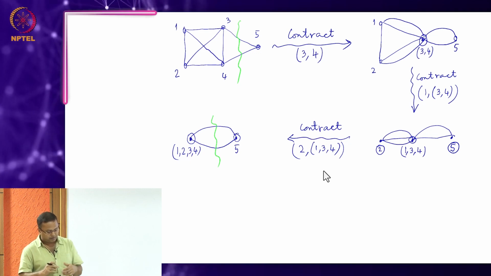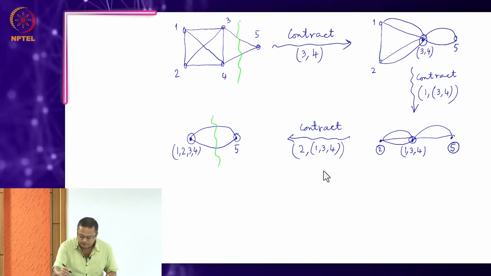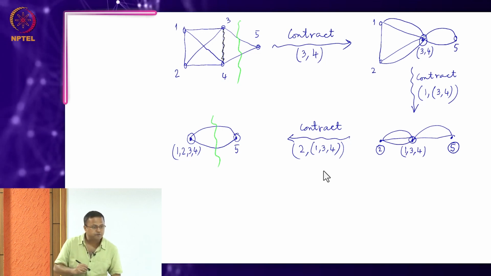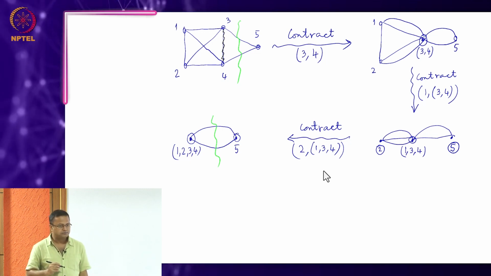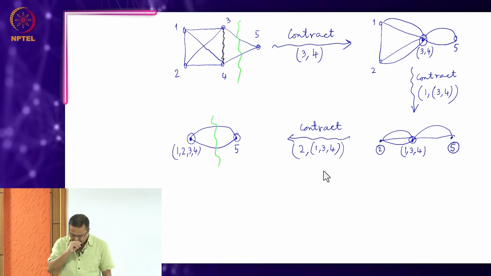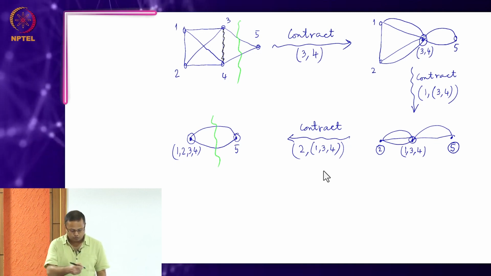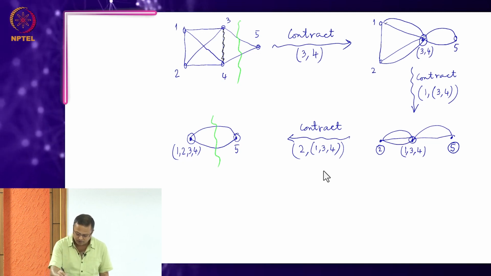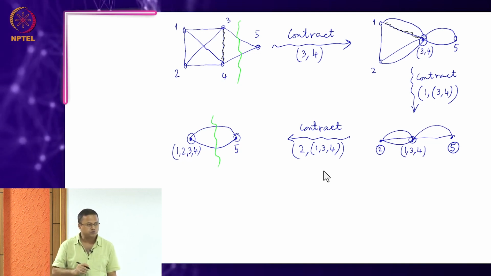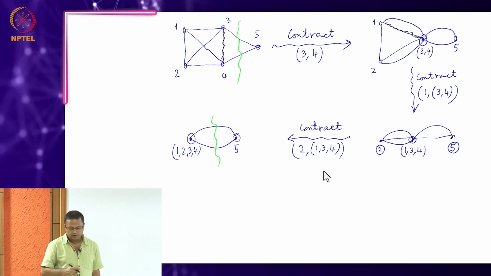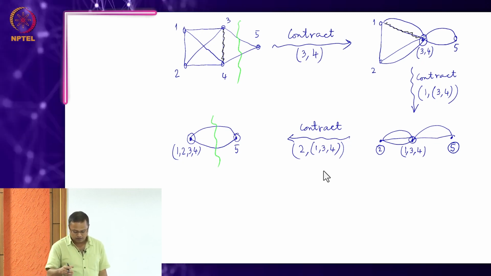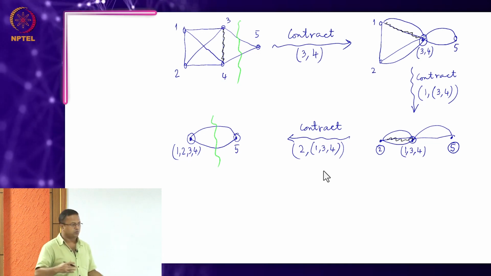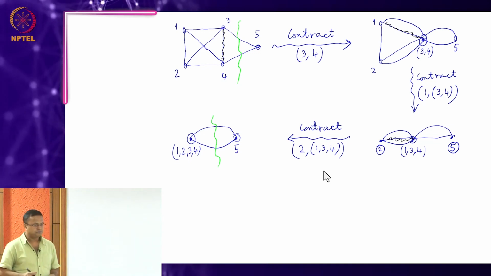For example, in this case, this was picked first, then I contracted 3 4, then 1 3 4, this was picked uniformly at random, and then 2 1 3 4, this was picked uniformly at random.